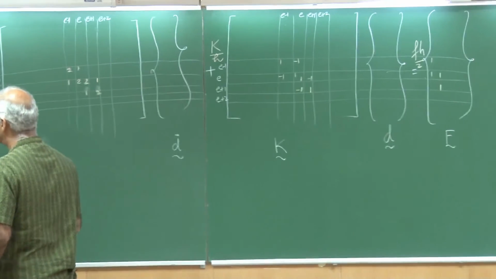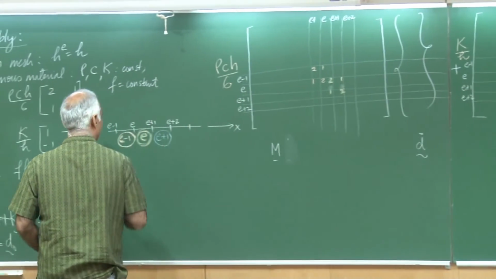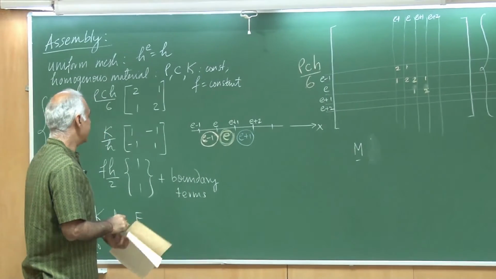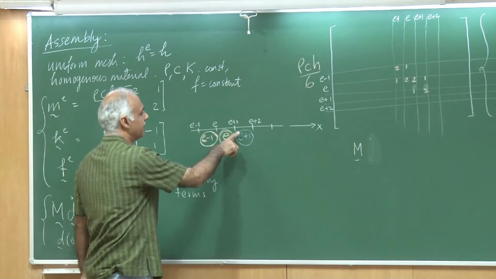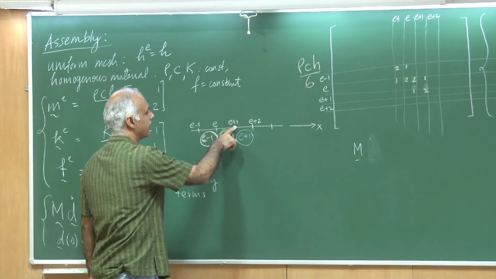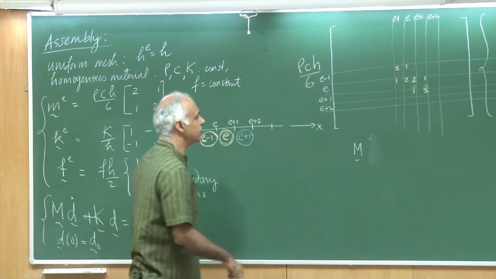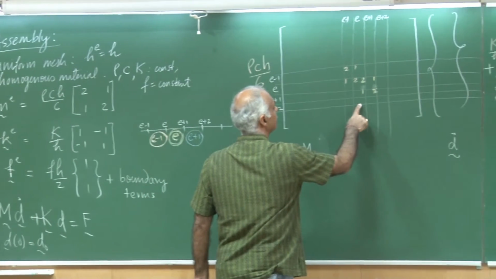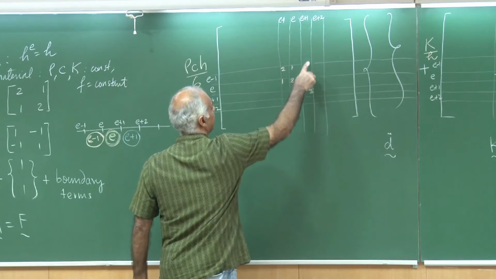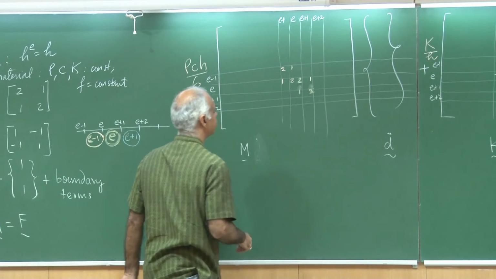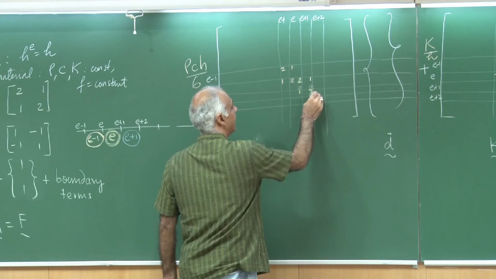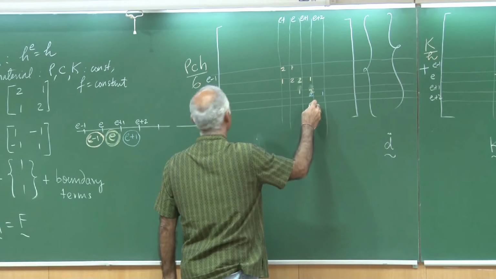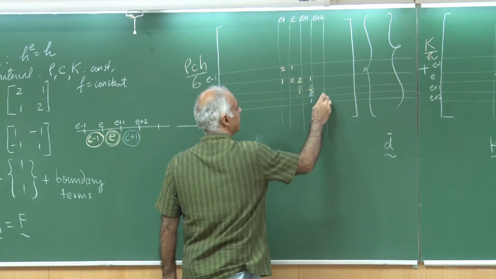Finally, I would like to assemble the quantities for element E plus 1, that is in blue color. So, E plus 1 assembly would involve equation numbers E plus 1 and E plus 2. So, that means these two rows and E plus 1 and E plus 2, so these columns. So, let me go ahead and assemble them. So, I would write a 2 and a 1 here, and a 1 and 2 here.